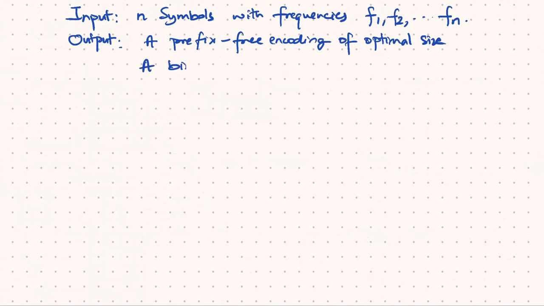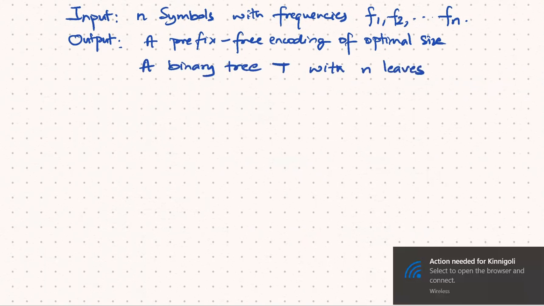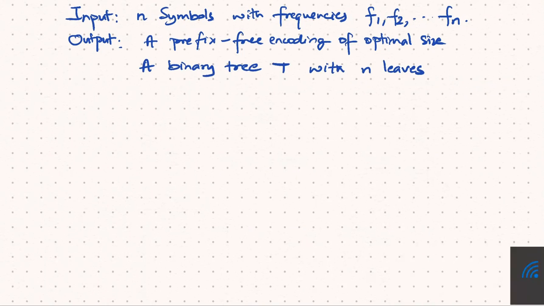We are looking for a binary tree T with n leaves, corresponding to the n symbols, such that the cost of the tree, which we'll define and which will basically be the file size, is minimal.